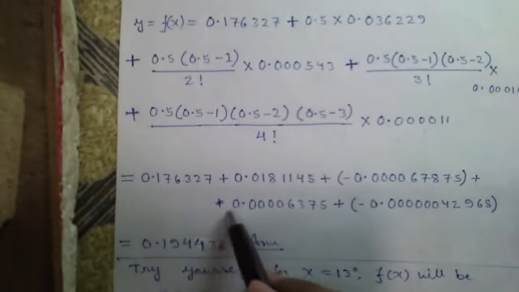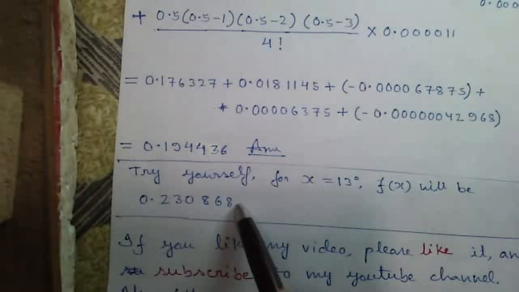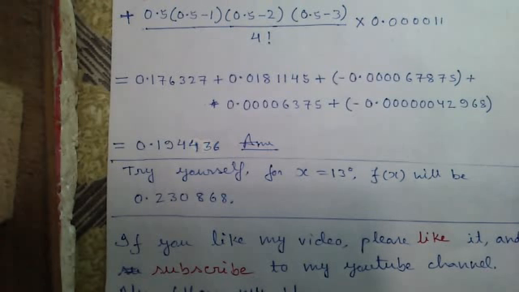Put all the values for x equals 13 in the structure, and ultimately you will get your answer 0.230868. Try it yourself, then you will understand the concept.